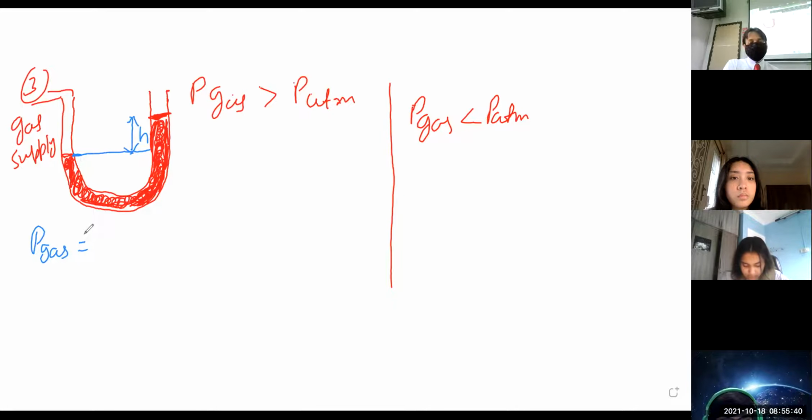Right now here, children, as you can see, the tube is open to the atmospheric pressure, so atmospheric pressure is there. Second, pressure due to height is there.